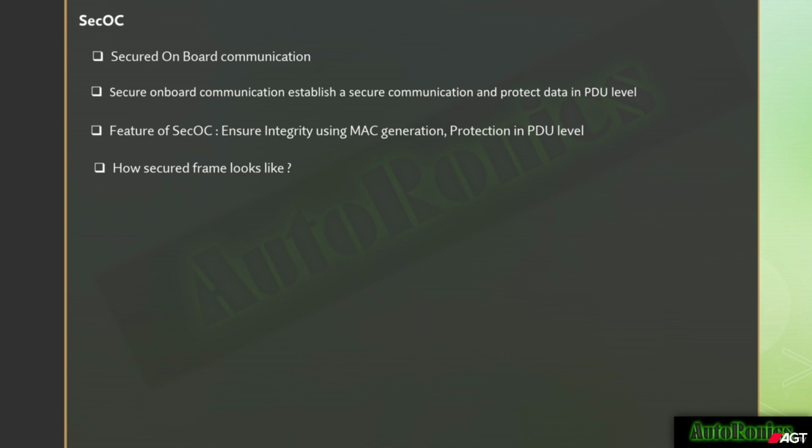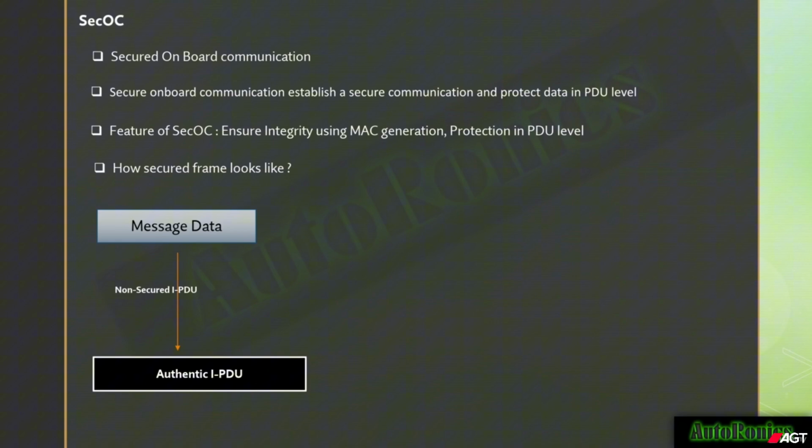So how does a secured frame look? As we discussed earlier, the message data which is the non-secured message is called the authentic IPDU. Then we'll perform a MAC operation on it.